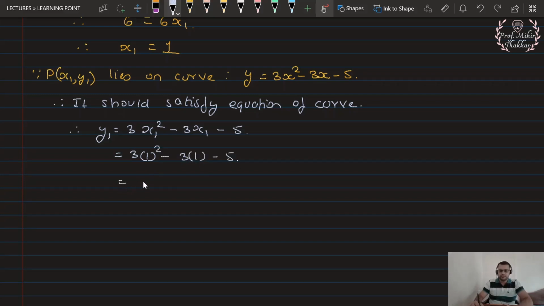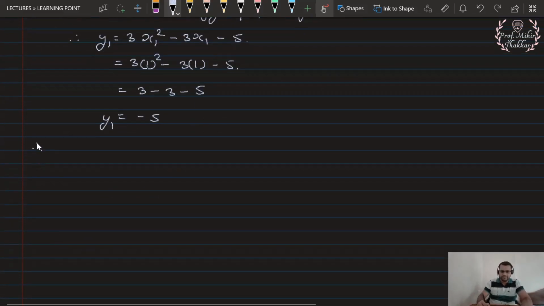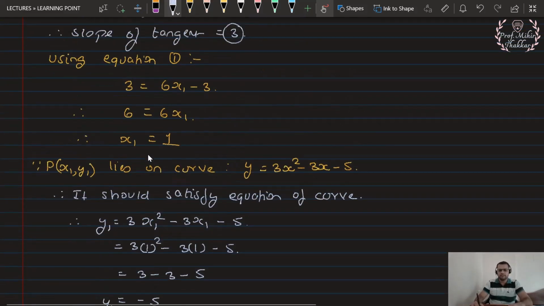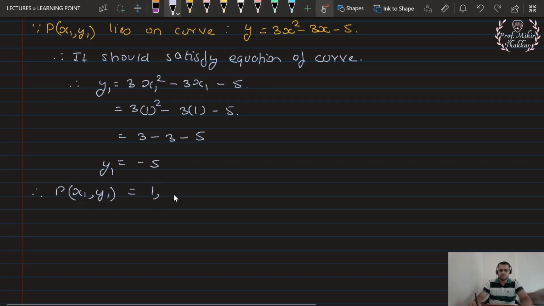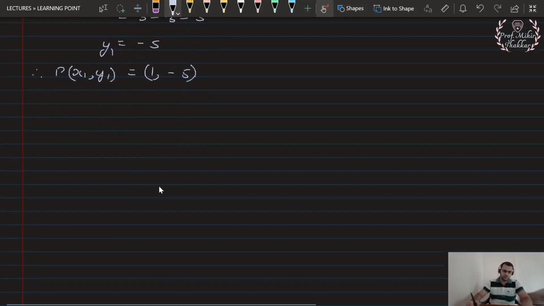So it is 3 minus 3 minus 5, which is equal to minus 5, is equal to y1. Therefore (x1, y1) is equal to (1, minus 5). So after getting the value of x1 and y1, we will be able to get the required equation of the tangent as well as of the normal.